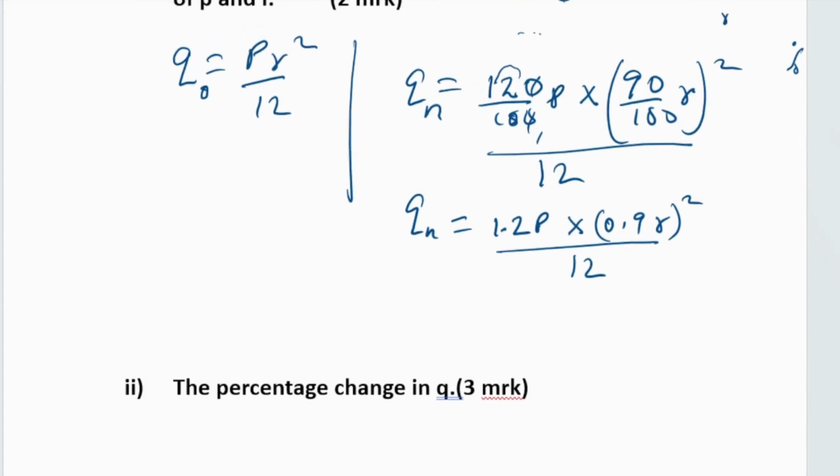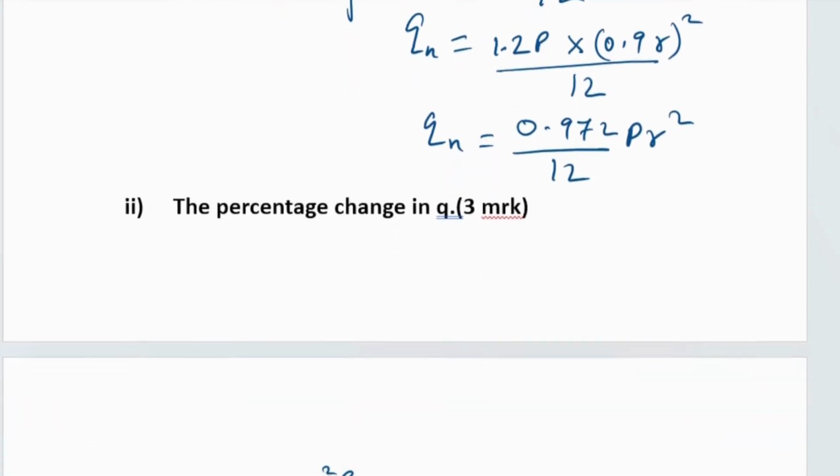Now if I simplify it, our new Q will be equal to 1.2 times 0.9 squared, which is 0.972 over 12 PR squared. If you do it with your calculator, you will see you get 0.972. You multiply 1.2 times 0.9 squared, because it is squared at this point, and therefore this is our new Q.